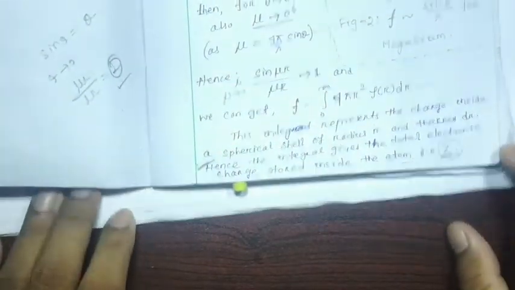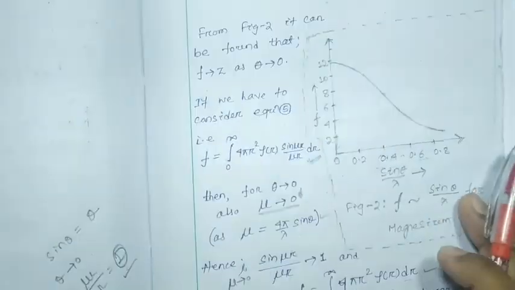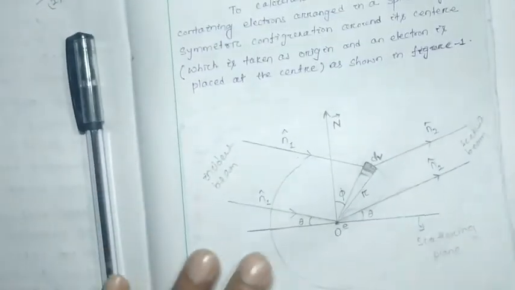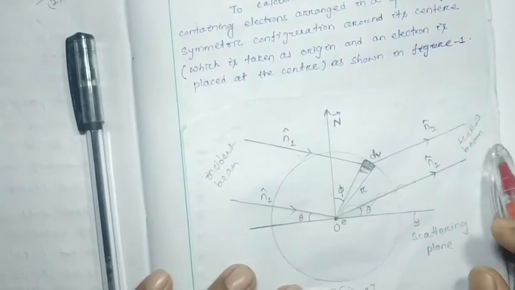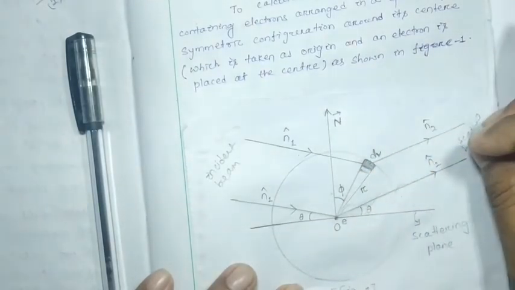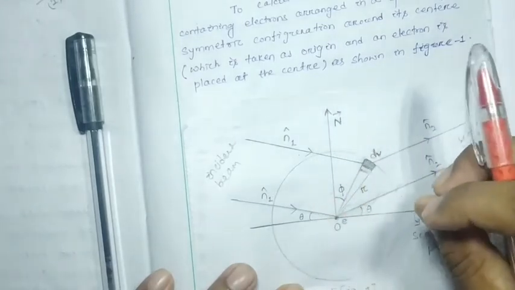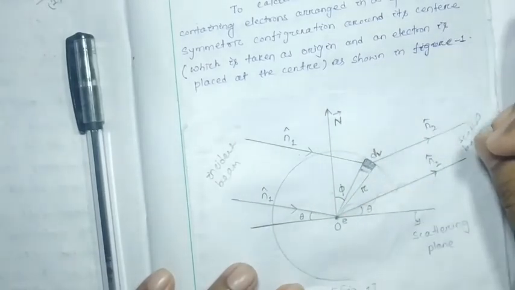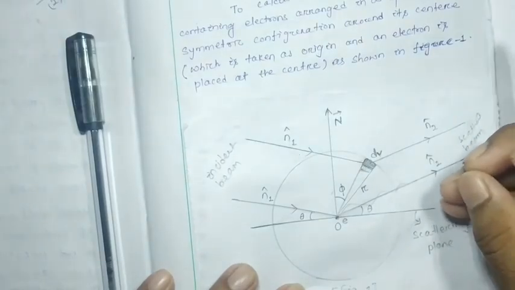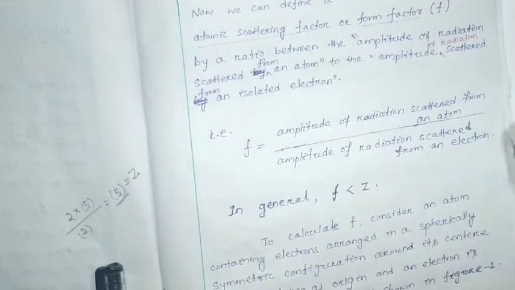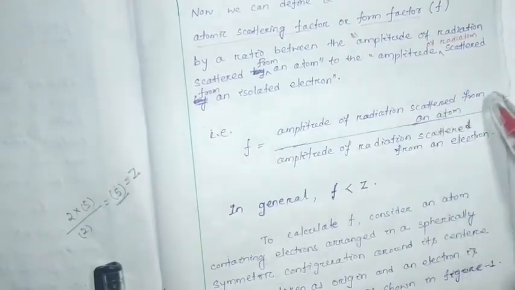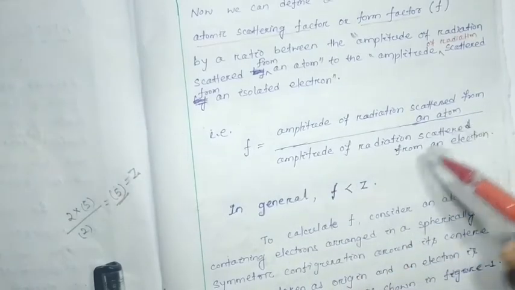The physical significance of the atomic scattering factor is this: suppose this is the atom, and how much it scatters, or the amplitude of the scattered radiation compared with that of an electron. So this is the definition: the amplitude of radiation scattered from an atom with respect to that scattered by an electron.